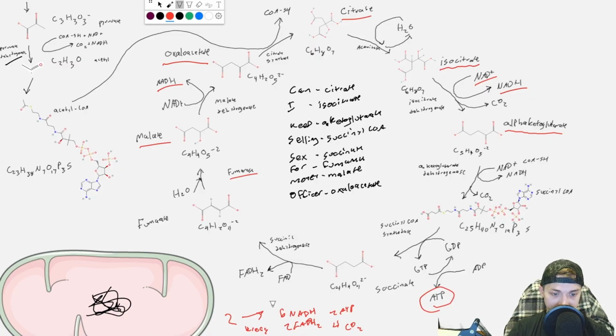From here, the Krebs cycle, we created these 6 NADH and our 2 FADH2.